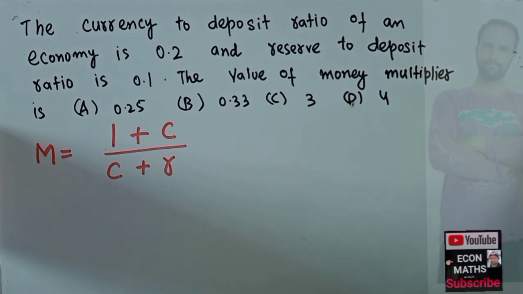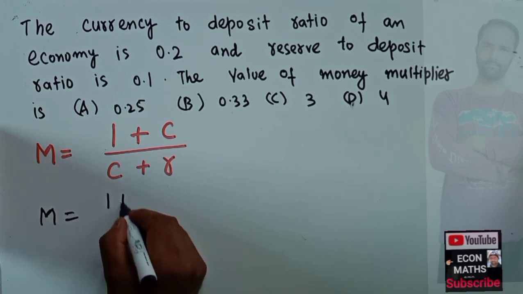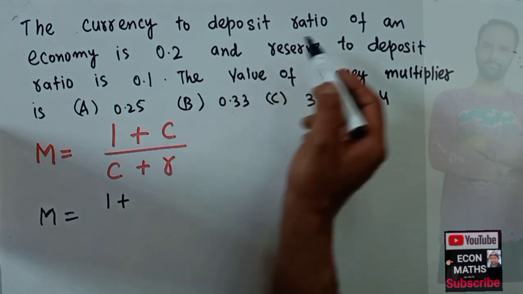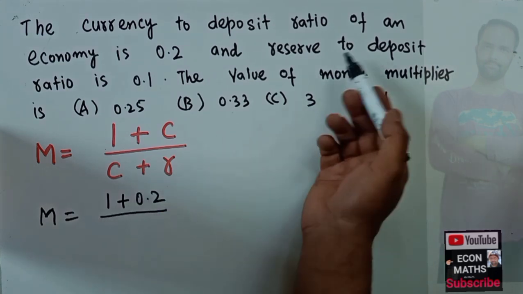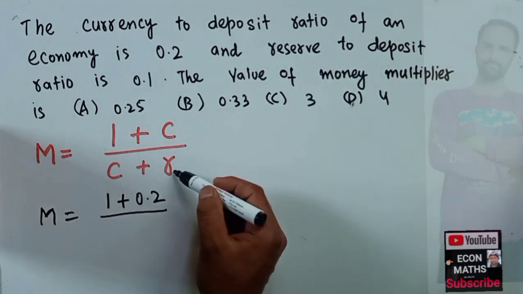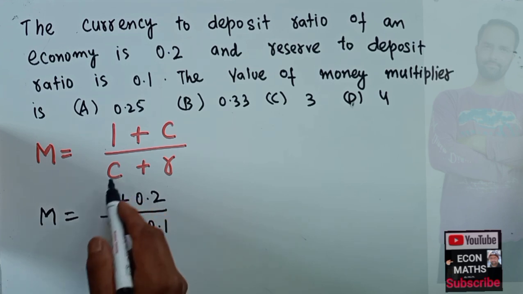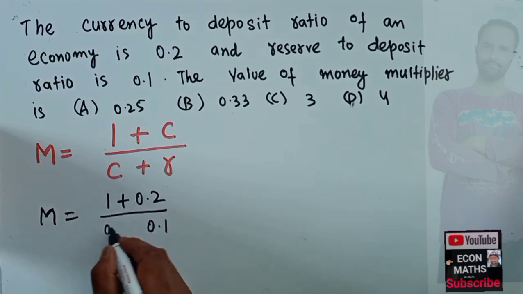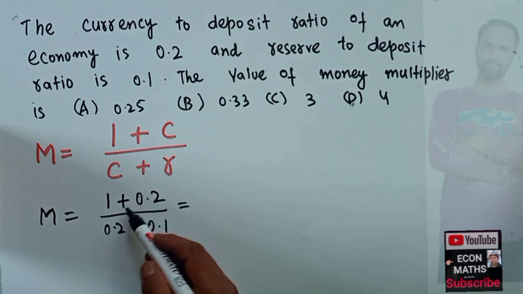Now here you can see our money multiplier will be equal to 1 plus the currency deposit ratio, given as 0.2, divided by the reserve to deposit ratio R, given as 0.1, plus the currency to deposit ratio, again 0.2. Okay, so what will we get here? This becomes 1.2.